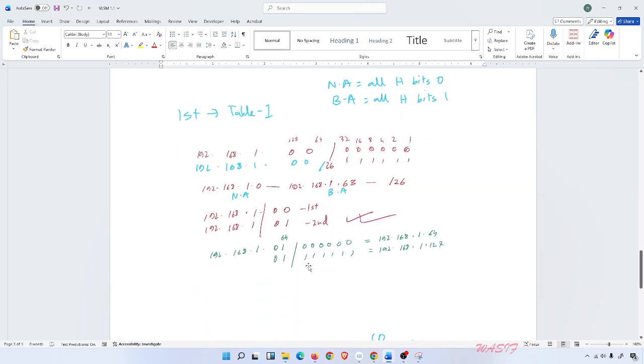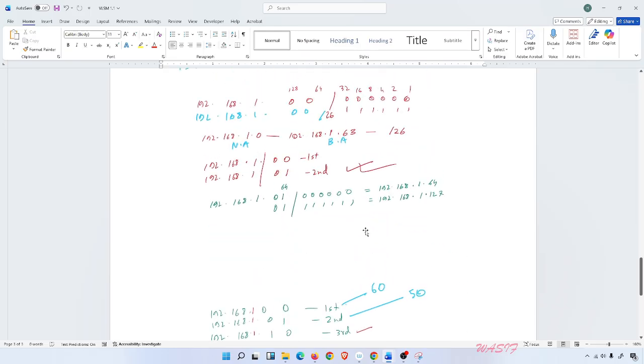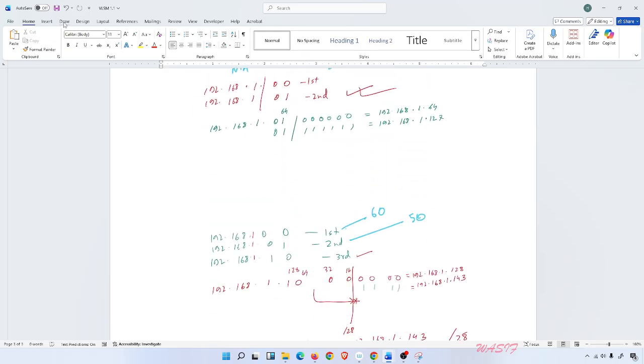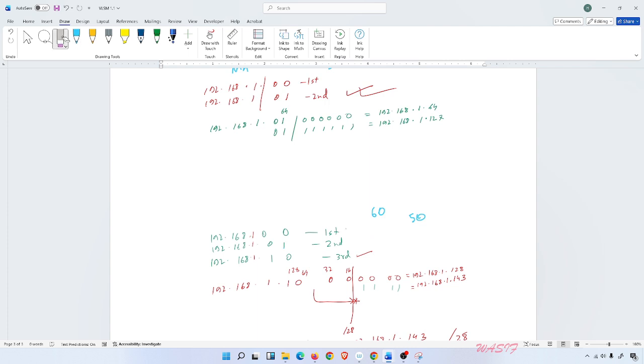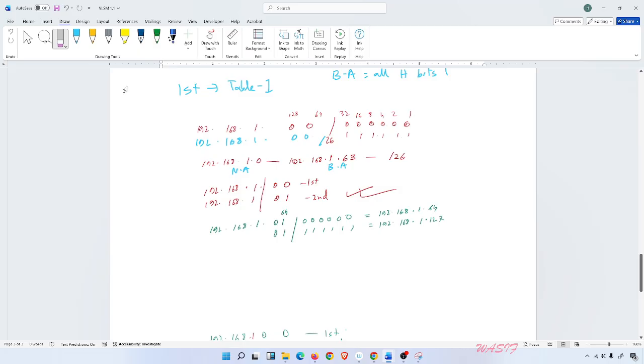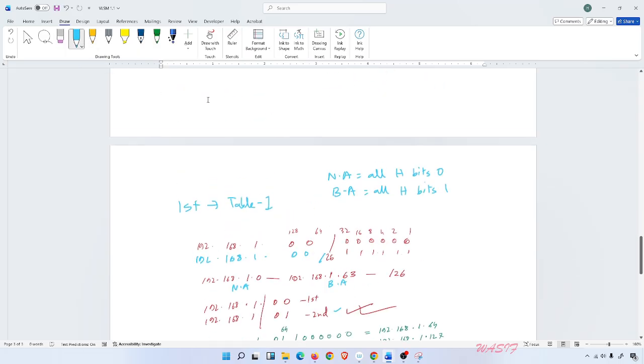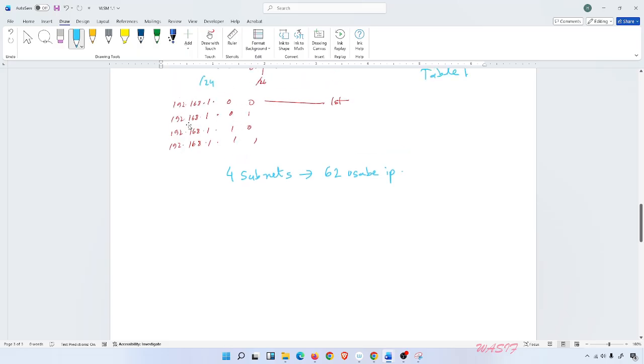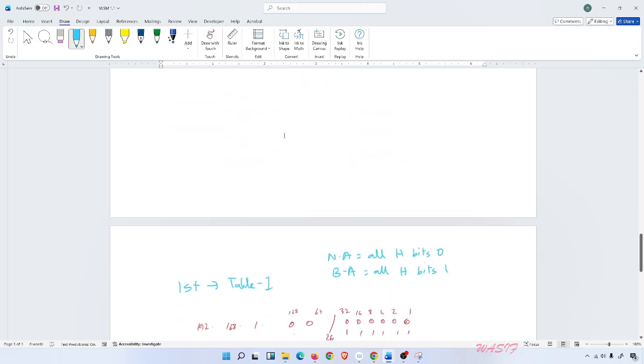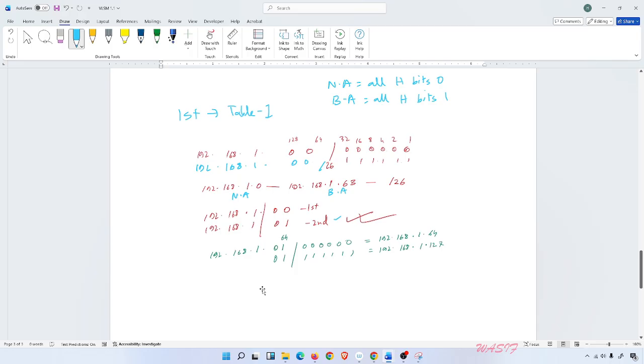Okay, this is the second one. Forget about this part. Take the second one. Again, look here. The first one from the table is this one. The second one is 192.168.1.01. This is the second part.